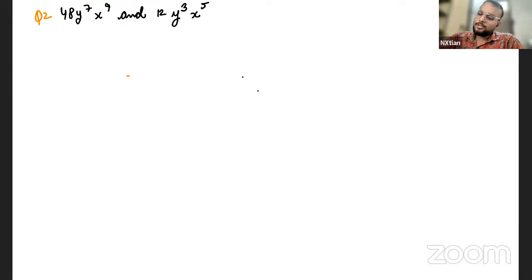Okay, this is the question: 48 y^7 x^9 and 12 y^3 x^5. Now, how to solve this?